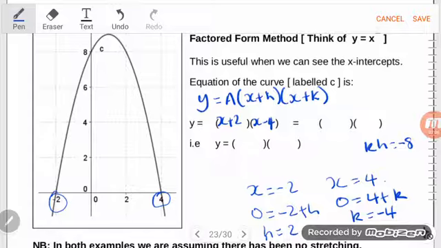What do we have to multiply -8 by to make the statement true? That's right, -1. So our a value is going to be -1. However, we don't have to write 1 in front of things in algebra, so we can just say minus bracket x plus 2, close bracket, bracket x minus 4, and you're done.